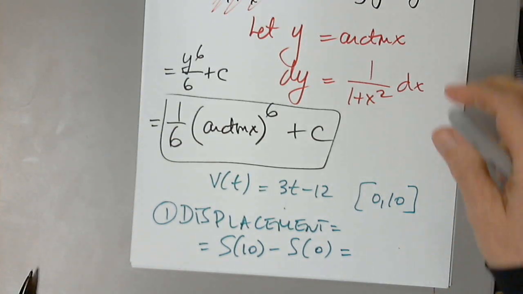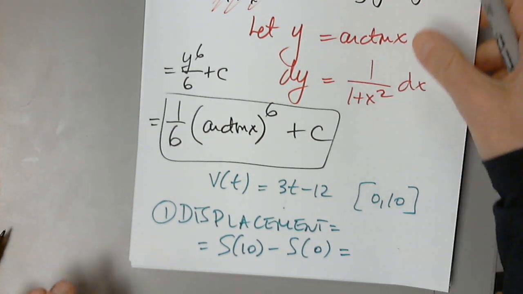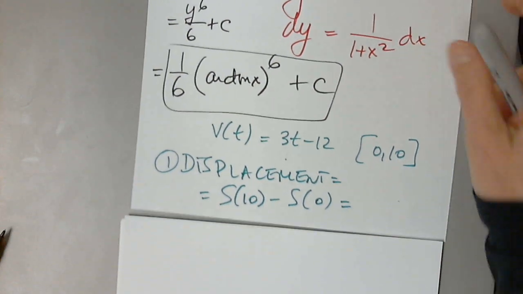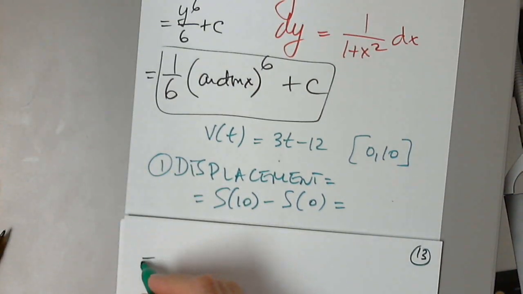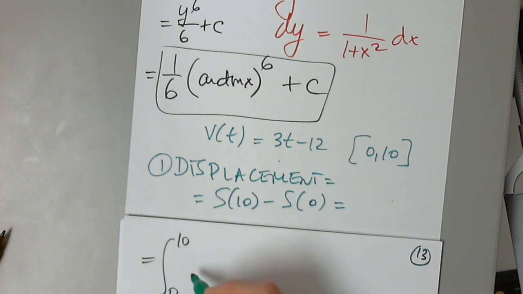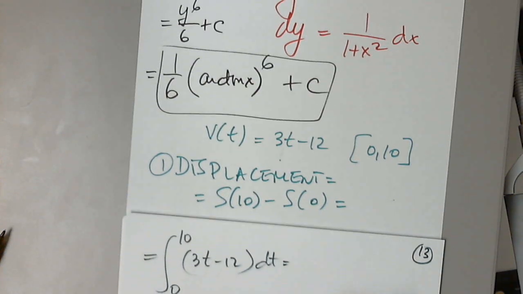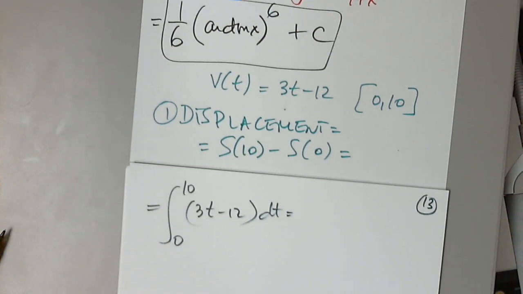Which must be the integral from 0 to 10 of v of t dt. At least this one is not a quadratic function.